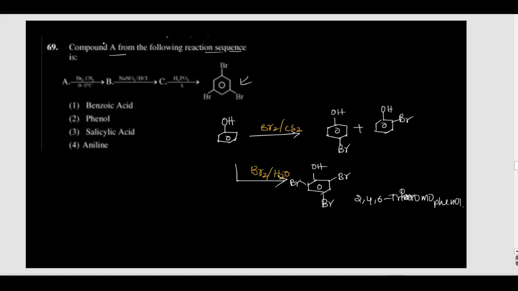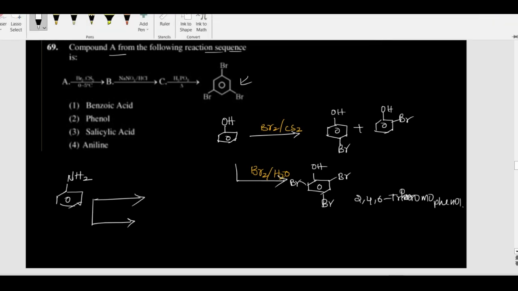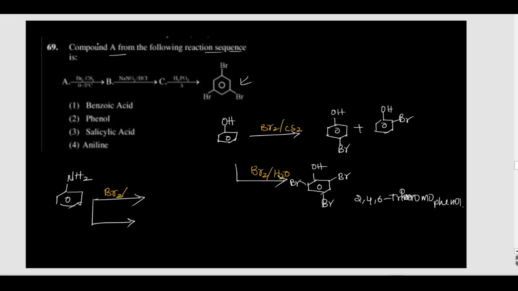But when it comes to aniline, you should know this difference. Aniline is far more reactive than phenol. That's why it won't depend on the solvent; whatever type of solvent you take, it won't affect. If you take Br2 in the presence of CS2 or Br2 in the presence of water, we'll get only one product, that is this.